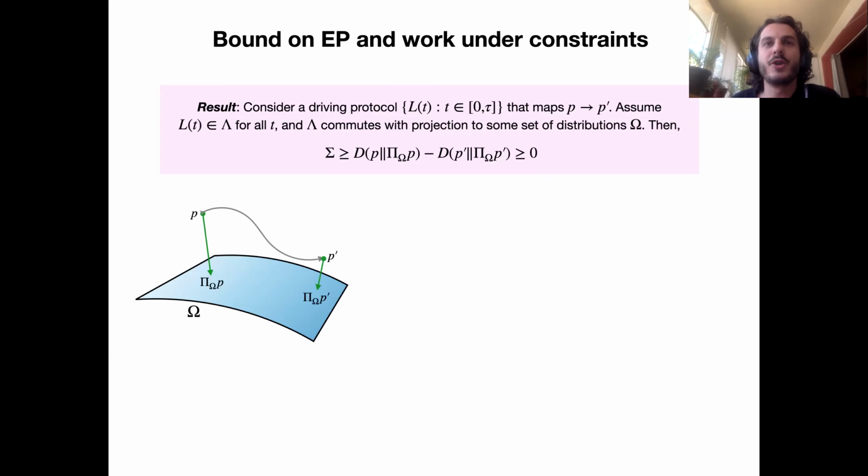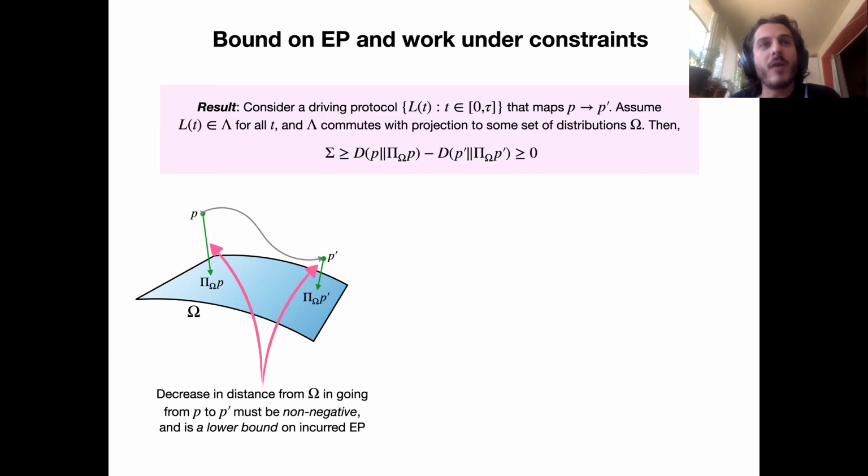We can again project it down. So the decrease in the distance to this manifold omega, first of all, we show it must be non-negative, and it is a lower bound on EP. So we basically, however much closer we get, and we have to get at least a little bit closer, or we can't get further away, that has to be dissipated.